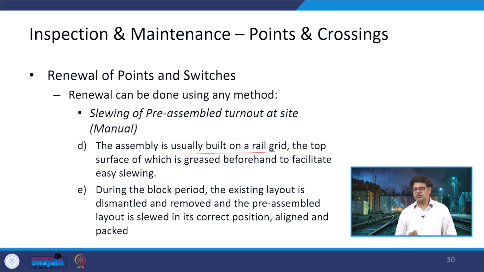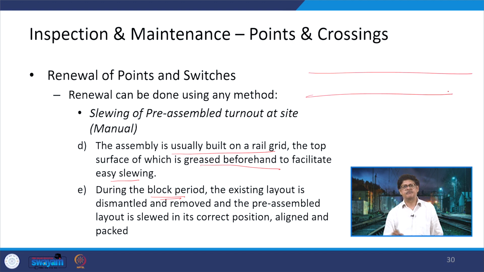Assembly is usually built on a rail grid, the top surface of which is greased beforehand to facilitate easy slewing. During the block period, when trains are moving on these tracks, they are divided into blocks. If there is a train moving in this particular block section, then there cannot be a train in this block.